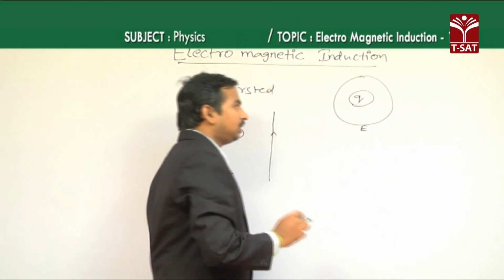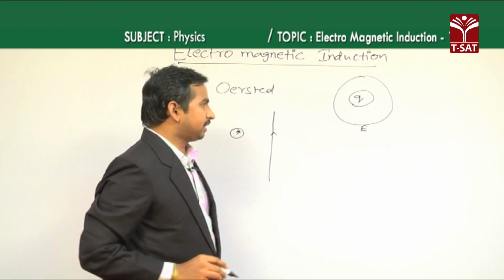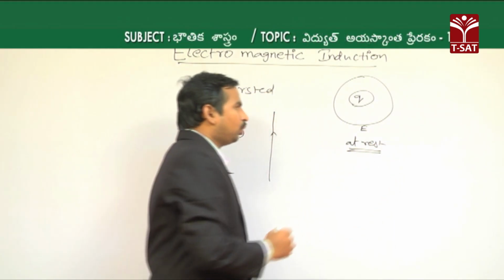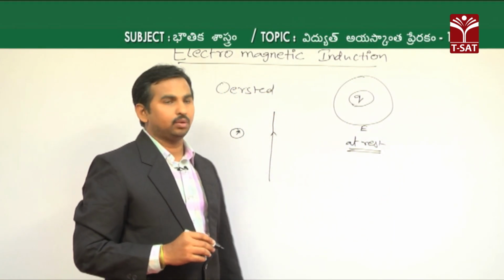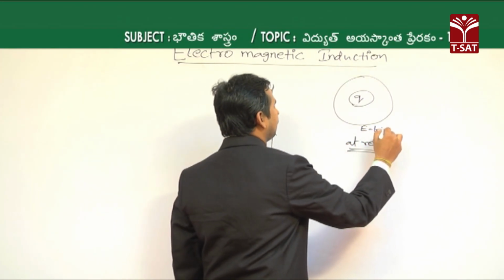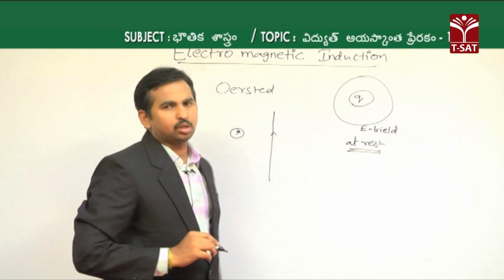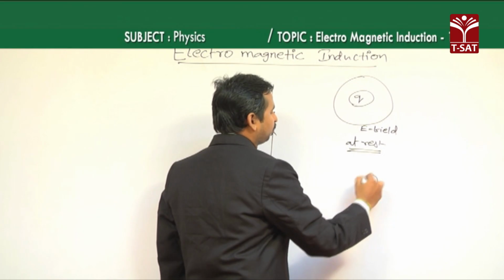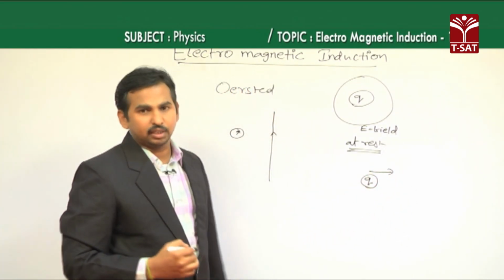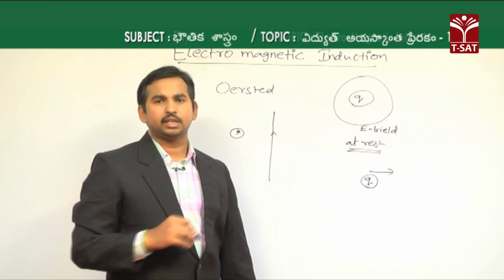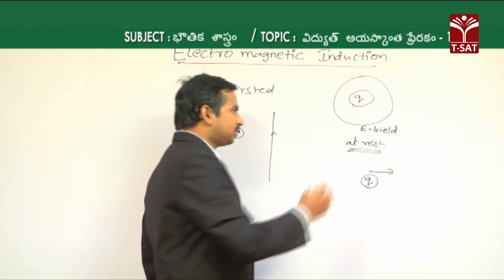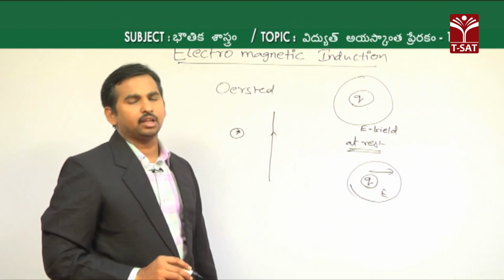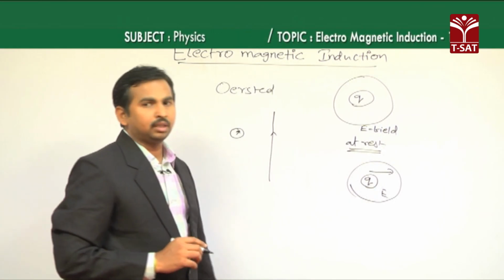But once the charge starts moving, gaining acceleration, then around it not only the electric field but also a magnetic field is present. This is what was discovered by Oersted.